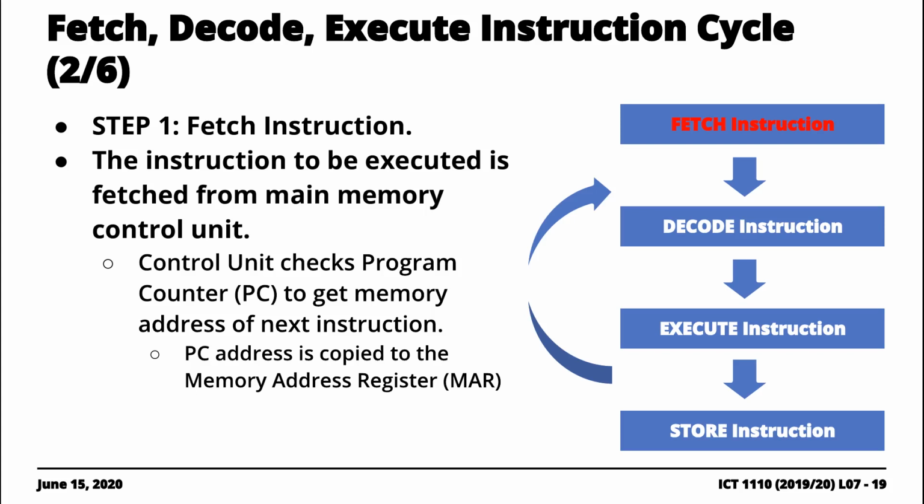And it turns out that the whole fetching part is actually initiated by the control unit when it checks the memory address associated with the next instruction that needs to be executed. And because these instructions are executed in a loop, one instruction at a time, there's a mechanism in place that keeps track of which instruction needs to be executed next.